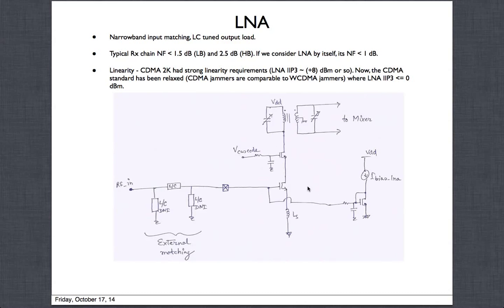And when the LNA was able to meet that kind of linearity for CDMA, it could meet it for any standard. But now this spec has been relaxed, and if you look at the CDMA or WCDMA standard or LTE and derive all the different jammer scenarios, and then you calculate the IP3 needed, the linearity requirements needed, you take the toughest of all.